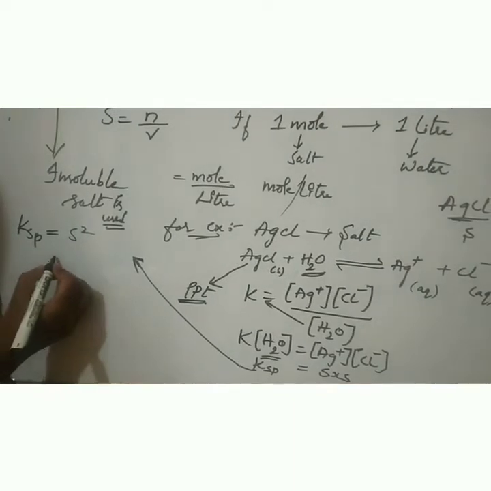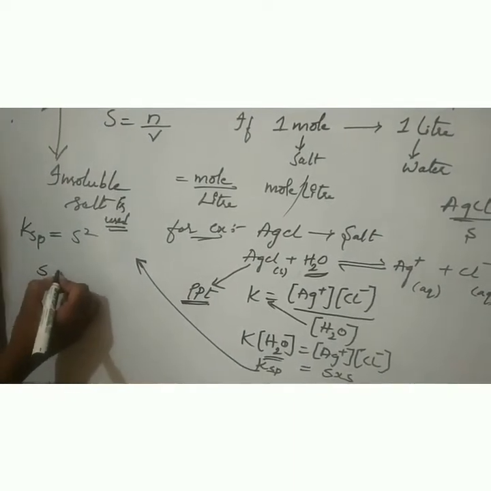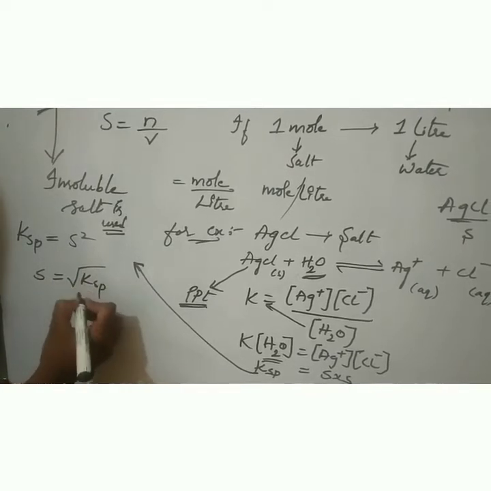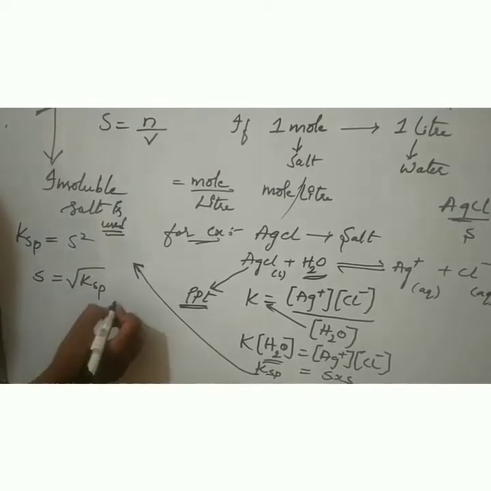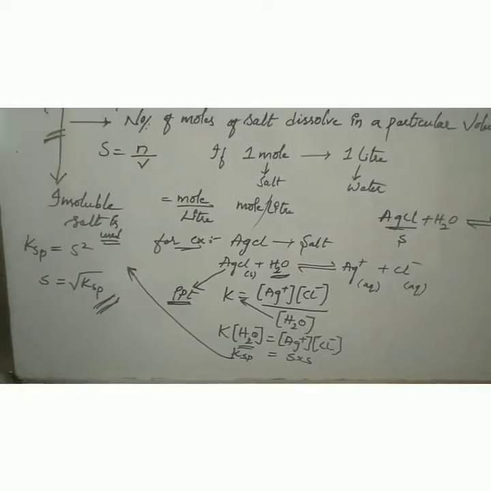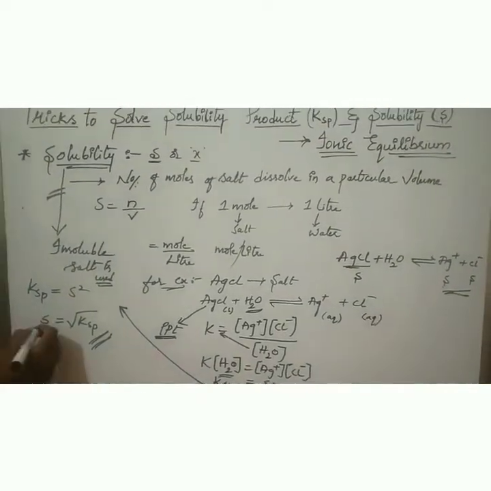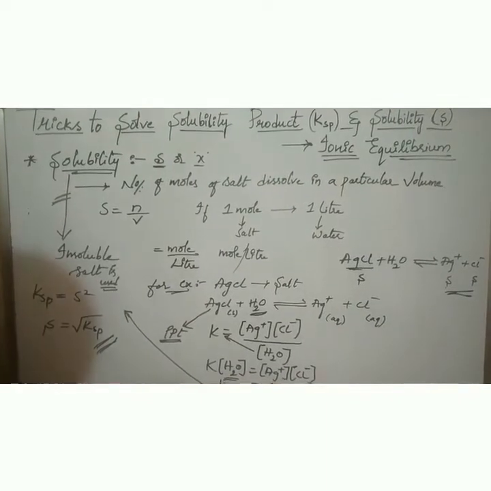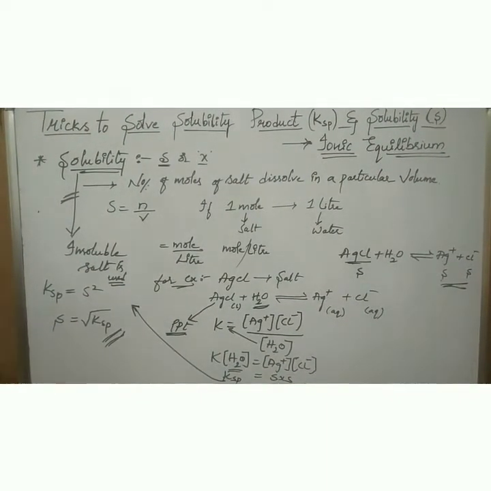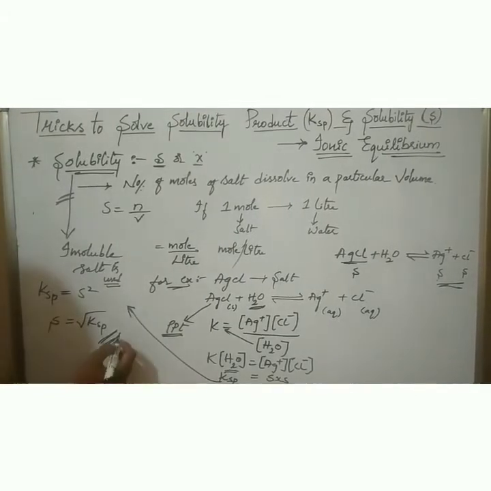Then for solubility S, we take the root of the solubility product. Did you get it? I think you can solve the solubility product like this for the given salt. So many salts are given, you can solve them like this.